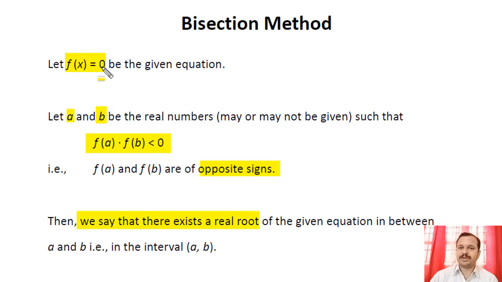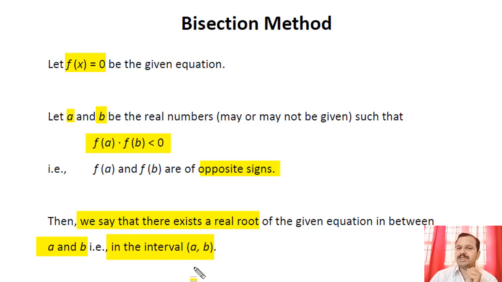This is the given equation. There exists a real root of the given equation between a and b. This is very important. We say that the root is existing in the interval a and b. So this is the most important first step we have to perform in this method.